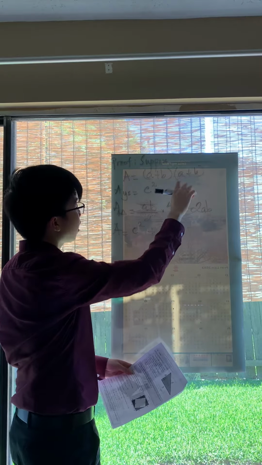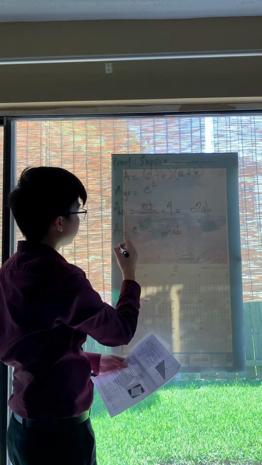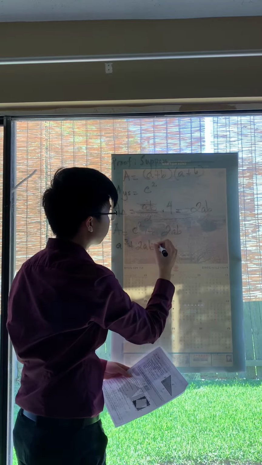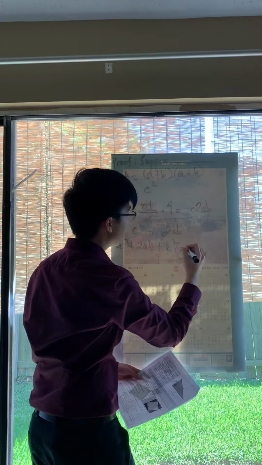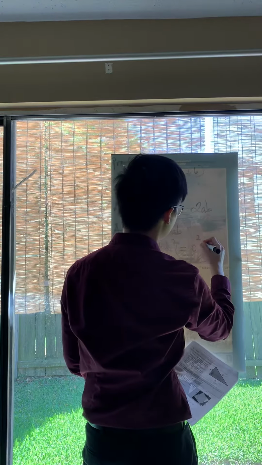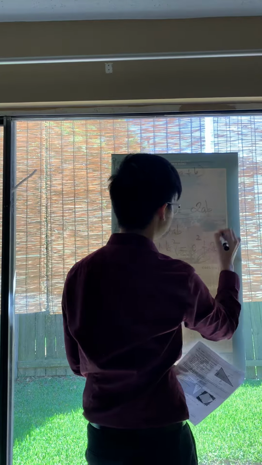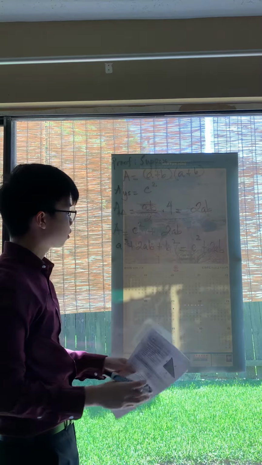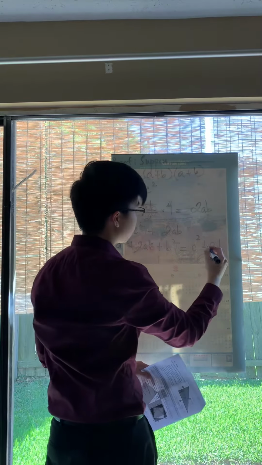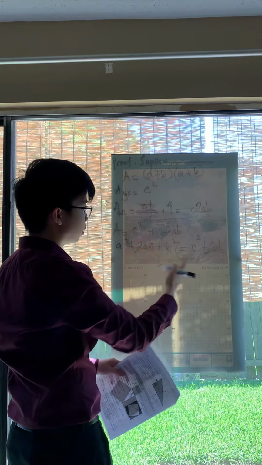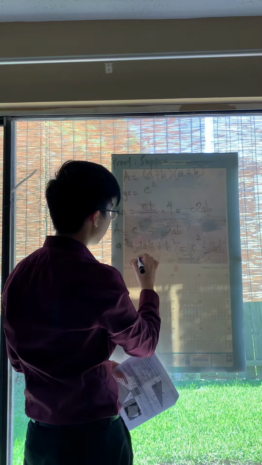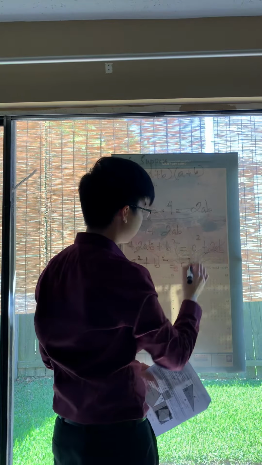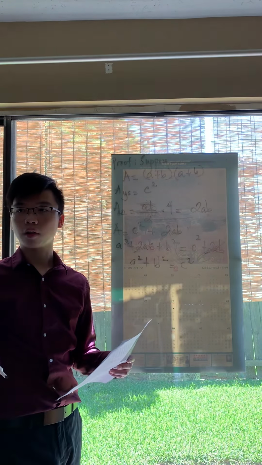Let's expand this out. We have a squared plus 2ab plus b squared equals c squared plus 2ab. Now we see there's 2ab on each side, so we subtract 2ab on both sides, and we end up with a squared plus b squared equals c squared. Does everybody follow?